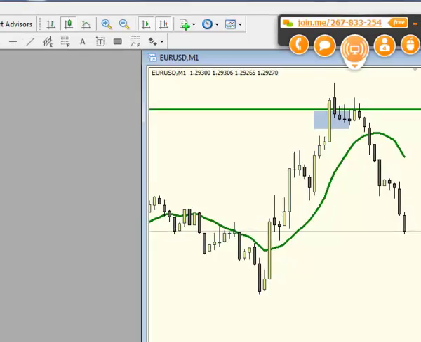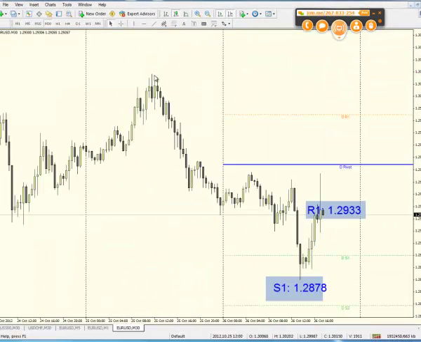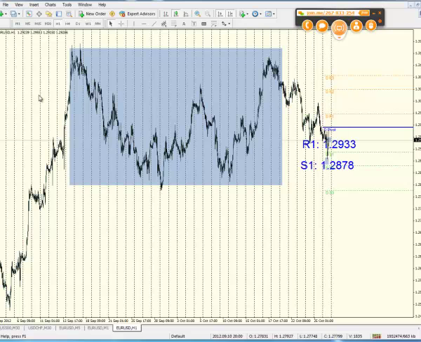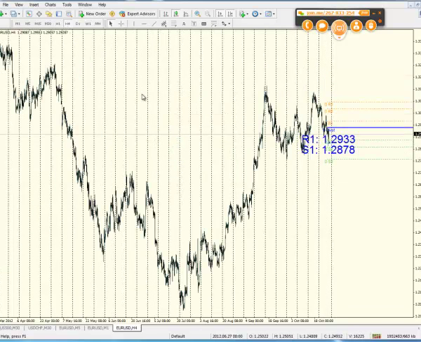Let's take a look at the bigger picture Euro. Here's 1 hour, let's zoom out. This Euro has been basically in this huge consolidation, and we're just going to basically the lows of it.